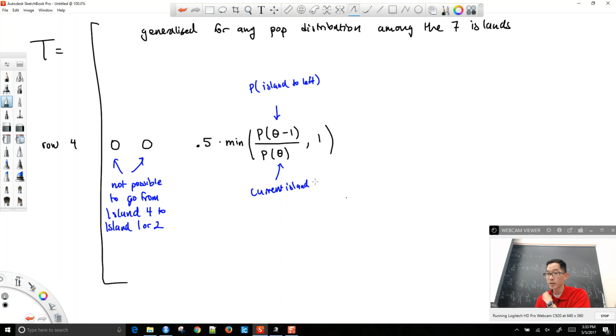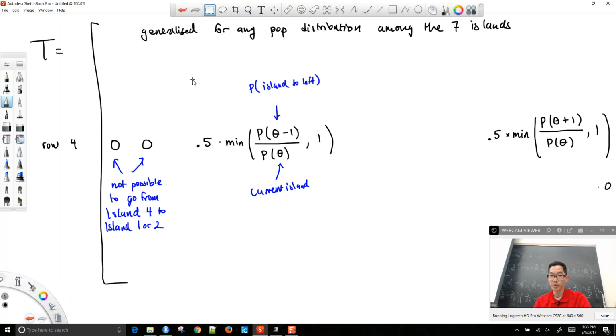Okay, so that's the adjacent one, and then the island to the right is basically the same thing, 0.5 times the minimum of probability of the proposed island, which is to the right, theta plus 1, divided by the probability of theta. Is this okay? And then beyond this, it's just zeros, right?